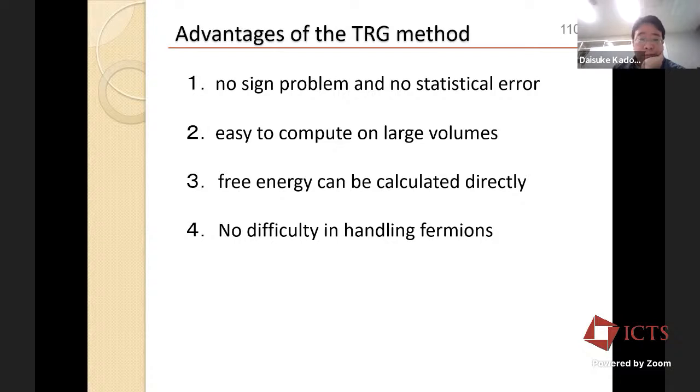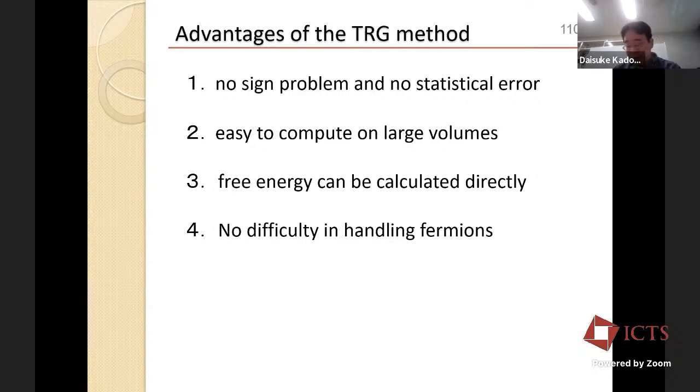And it's easy to compute physical quantities on extremely large volume lattices. And free energy can be calculated directly by using the TRG method. And there is no difficulty in handling fermions in the TRG method.